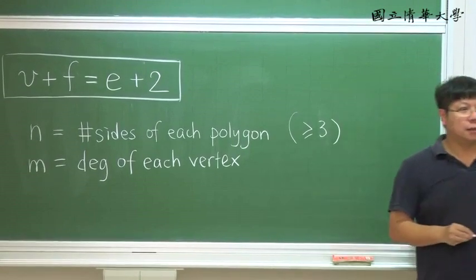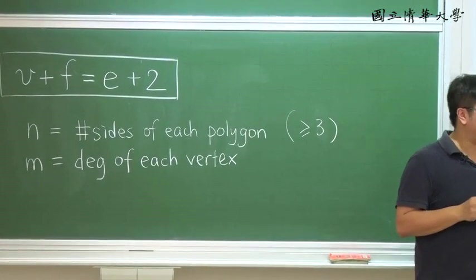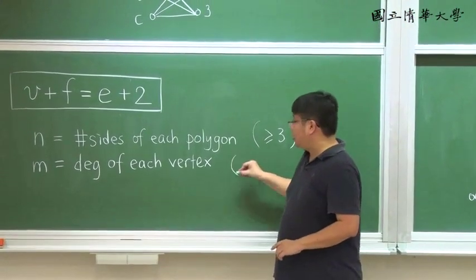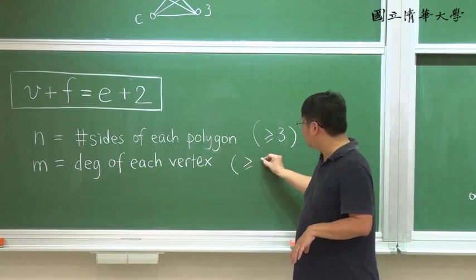Because the smallest polygon has 3 sides, a triangle. With 2 sides you cannot make a polygon. And similarly, the degree of each vertex has to be greater than or equal to 3.